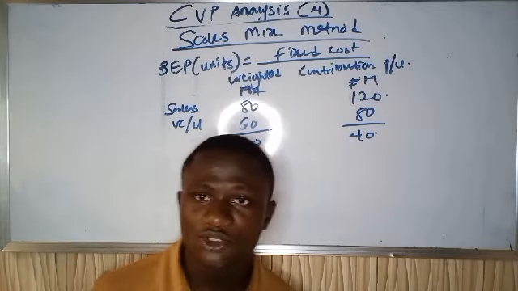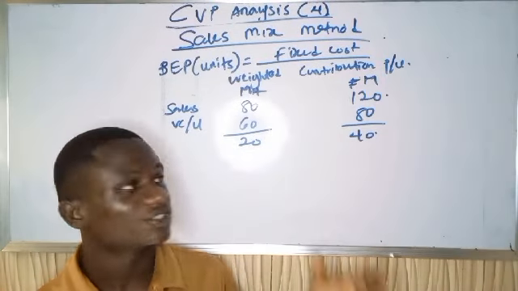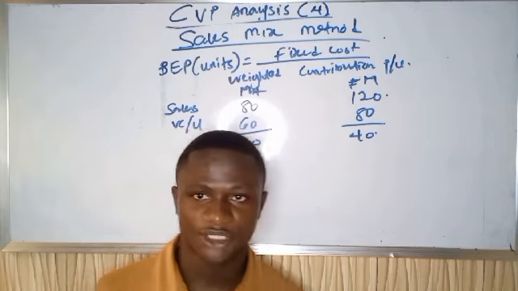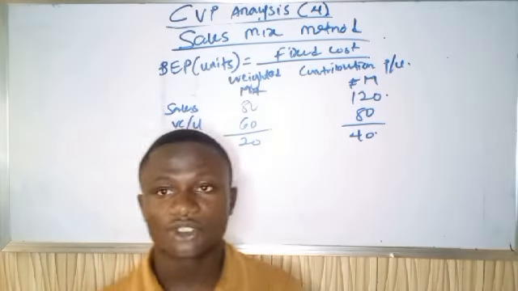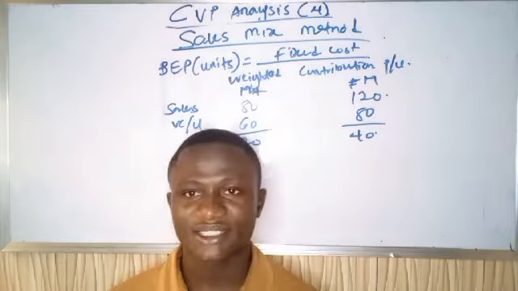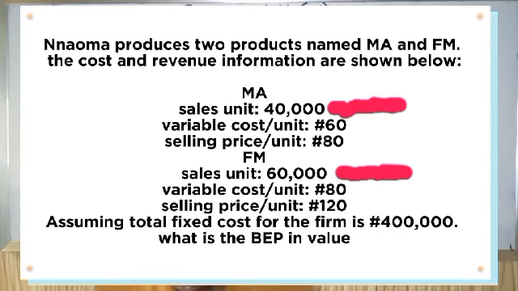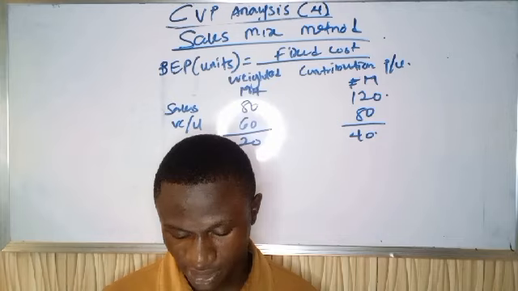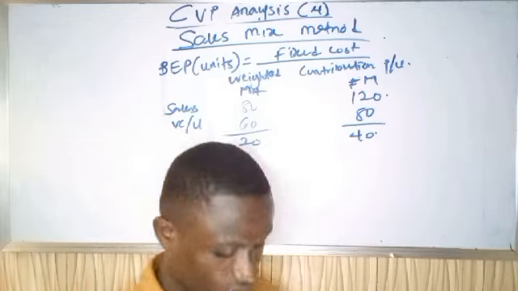After getting the contribution per unit, I need to get the sales mix. True, in the question we are not told anything about sales mix, but they give us the forecast of what they sold, telling us that 40,000 of MA and 60,000 of FM.